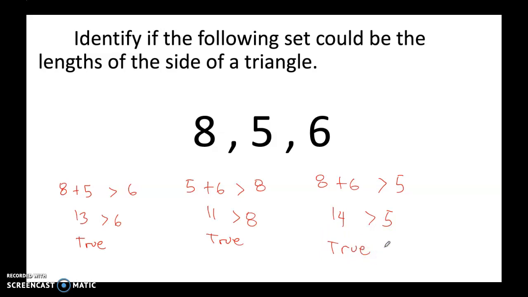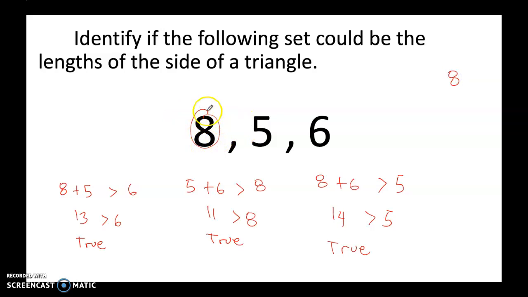Another simple step in order for us to determine if the three measures can form the sides of a triangle: we just need to identify the largest measure or the longest side. Here in our example, the longest side measures 8. So that will be our third side.